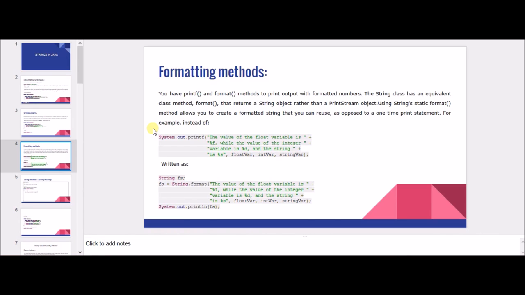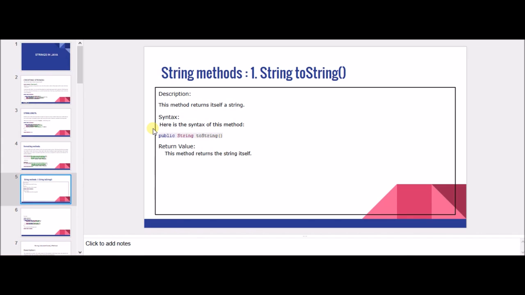Moving on to the next method. The next method is toString. The syntax for this method is public String toString(). This method just returns the string itself.